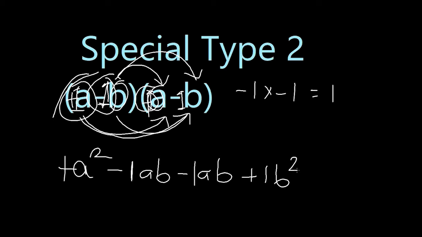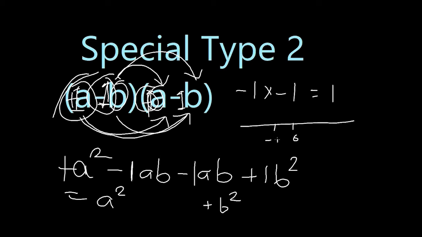So can we simplify this any further? Yes. We're not going to write our plus 1s out in front this time because we don't need to. So let's start with our a squared. That's fully simplified. And we can put our plus b squared at the end. But what goes in the middle here? So we've got minus 1. Okay, so here's 0 on the number line.